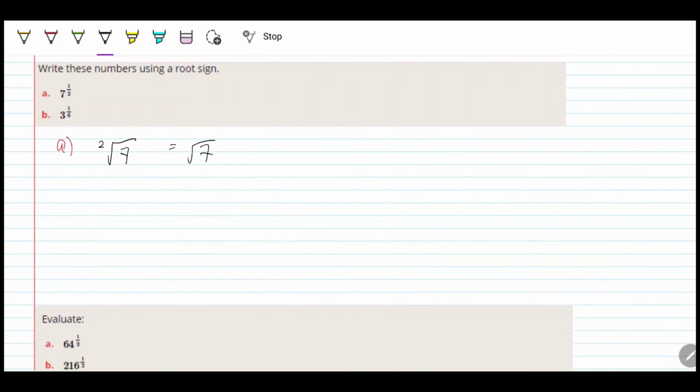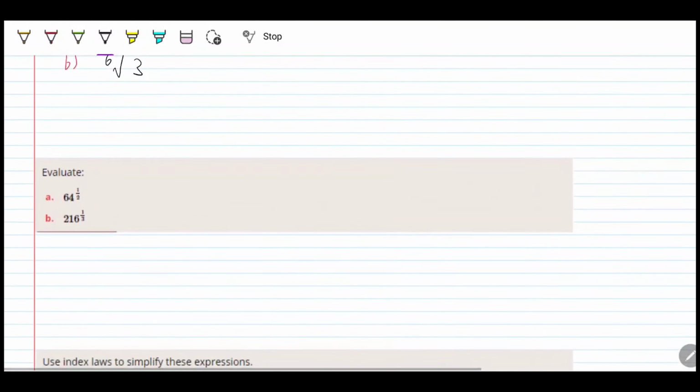Okay? With B, it's 3 to the power of 1 over 6. You'll remember that you can take this 6 on the bottom, put it up to the front, and we'll have 6 multiplied by the surd of 3.